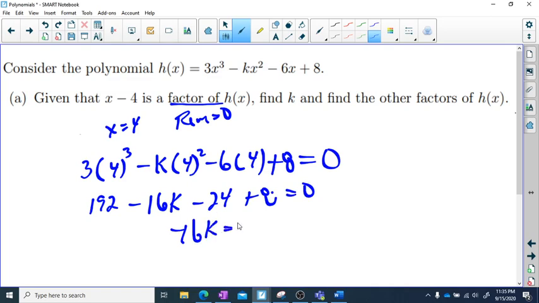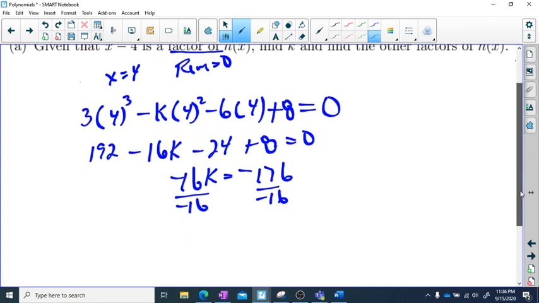Negative 16k, let's see what I've got here. 192 and 8 is 200. So then 200 minus 24 is going to give me 176, which is going to take this to the other side and become a negative 176. Divide both sides by negative 16. And we'll see what I get here now for k.